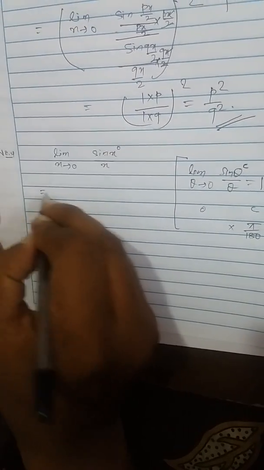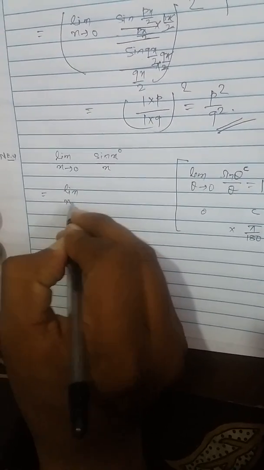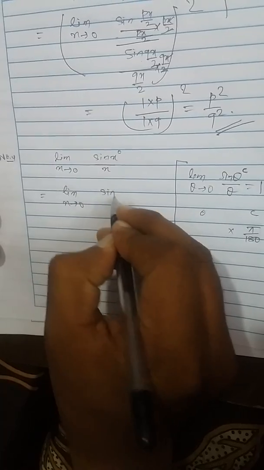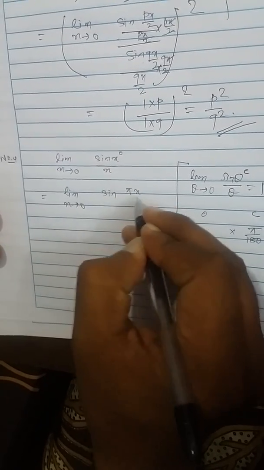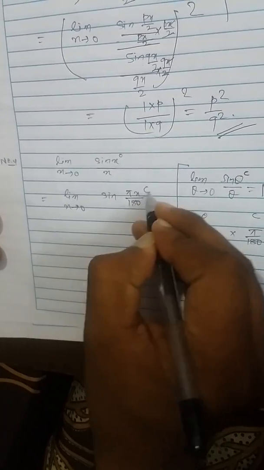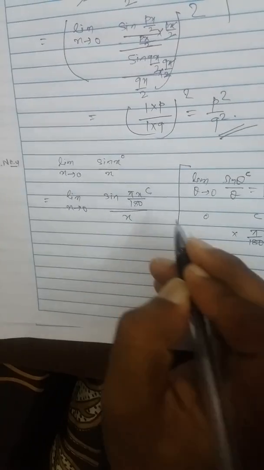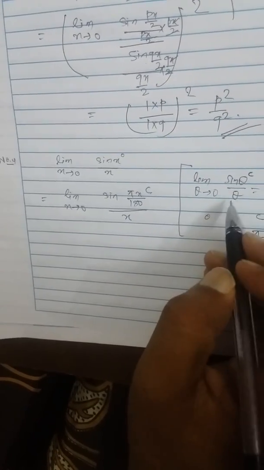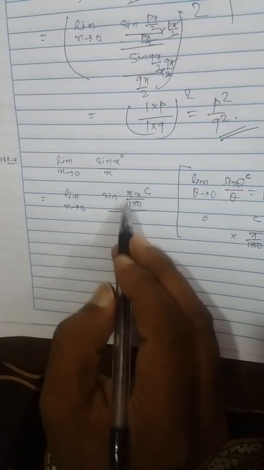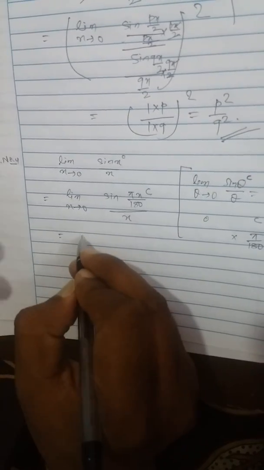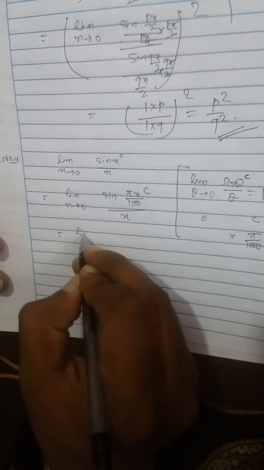Do so. This will be the limit as x approaches 0 of sin(pi x/180) radian divided by x. Now to apply this formula, the angle must be the same. Here the angle is not the same. We are going to make the angle the same in the next step.